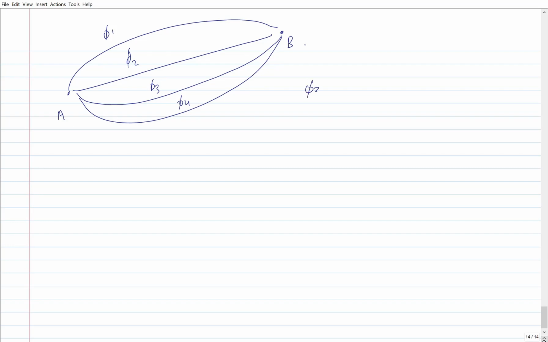Well, then I add the probability amplitudes, which are complex numbers associated with each path, and the probability is given by adding up.